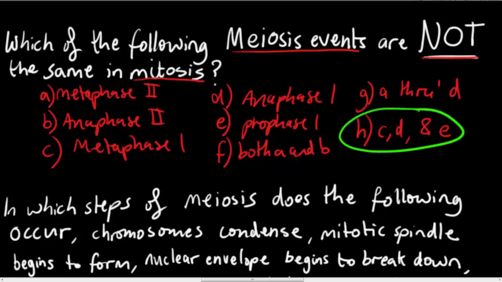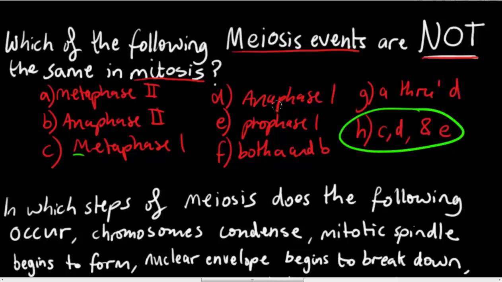C, D, and E. In C, we have metaphase 1. That's when the homologous pairs line up. Sister chromatids don't line up, but homologous pairs, or the tetrads, line up. And then anaphase 1, D, this is when the homologous pairs separate.